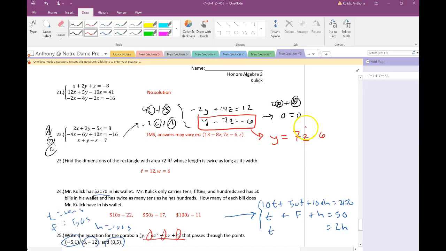Okay with that? Since this is written in terms of z's, the z is going to be like my independent variable for this answer. And then 7z minus 6 is going to be my y coordinate. And then I take that and I plug it in back up here. And I can solve for x to get the other component.